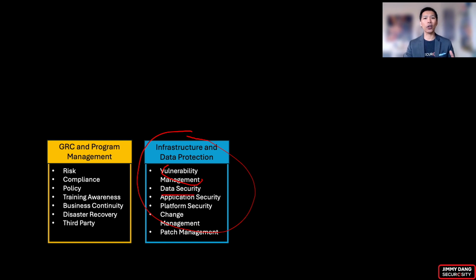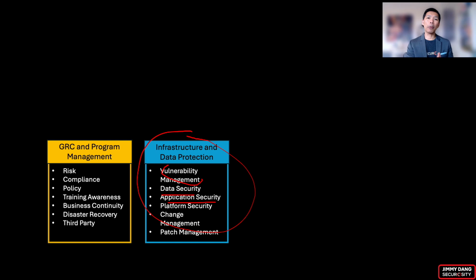Next up is data security. Implement measures to protect sensitive information through encryption, access controls, and data masking that we talked about earlier to ensure confidentiality, integrity, and availability of the data.